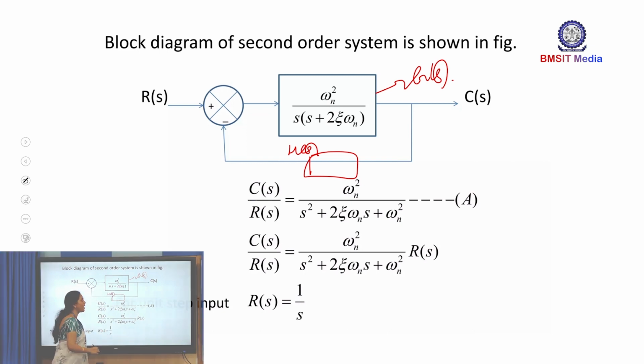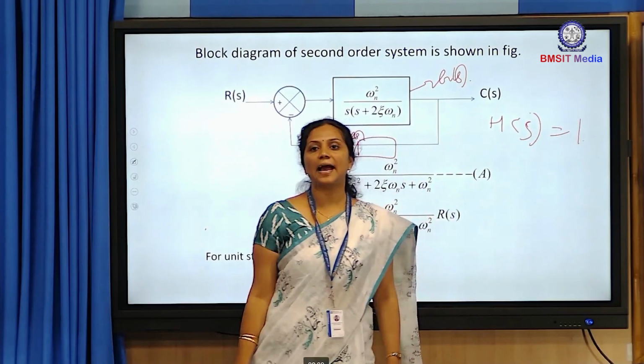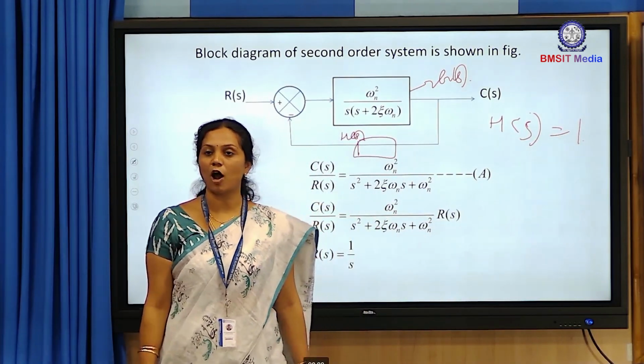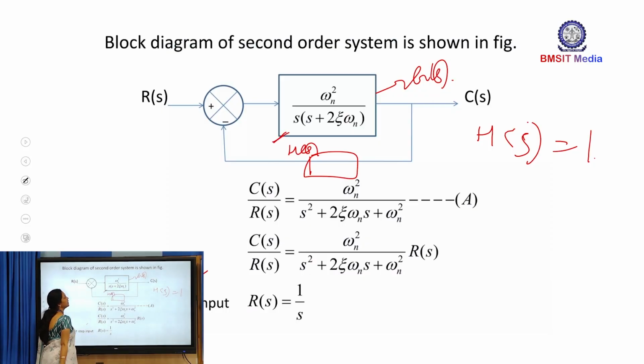When the H of s value is equal to 1, then the system is said to be a unity feedback system. And the value of G of s is omega n square divided by s into s plus 2 zeta omega n. So, a negative feedback here and an R of s here.